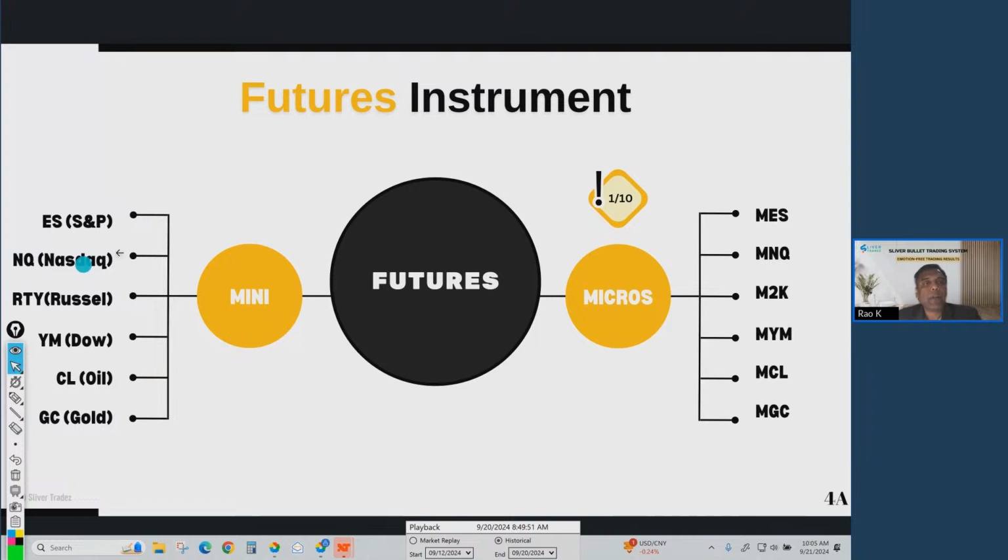Most of the time, the first two, S&P and NASDAQ, are the ones we trade most often. GC is also an interesting futures that we trade. And there is the futures for Bitcoin as well, which is MBT. And we trade that sometimes, and we are coming out with a program for trading Bitcoin as well in the near future.